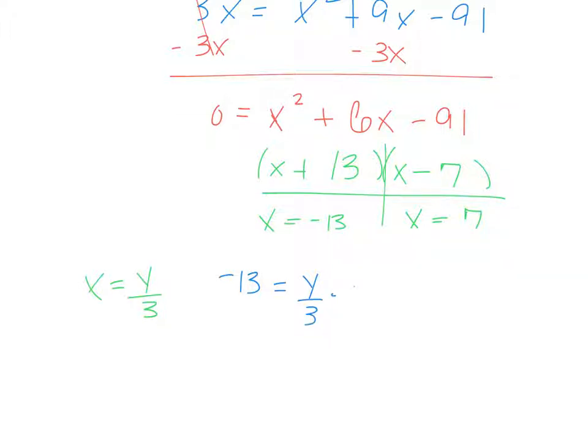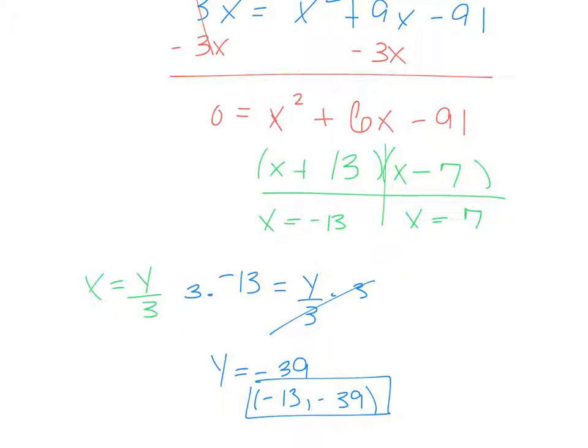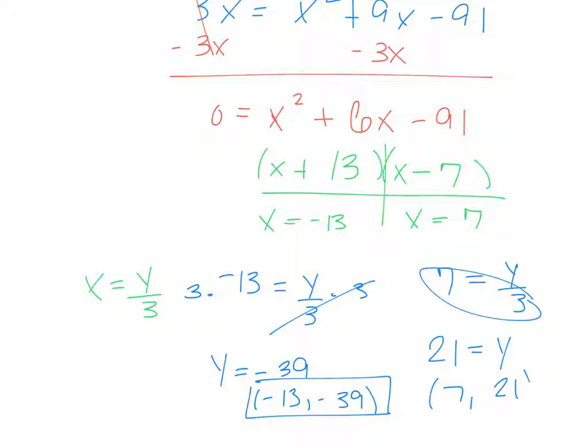To get my y value, multiply by 3 on either side, and that gives me a y value of negative 39. So my coordinate is negative 13, comma negative 39. And I'll do the same thing over here. So 7 equals y over 3. Cross multiply, that'll get me 21 equals y. So my next coordinate is 7, comma 21.